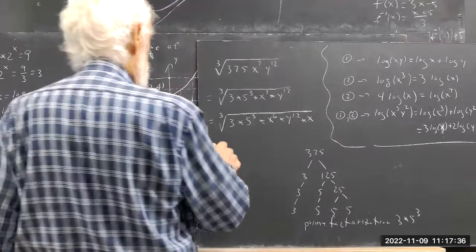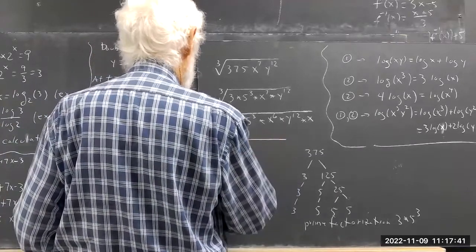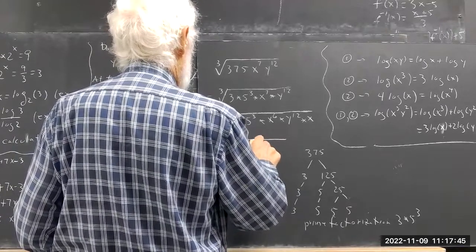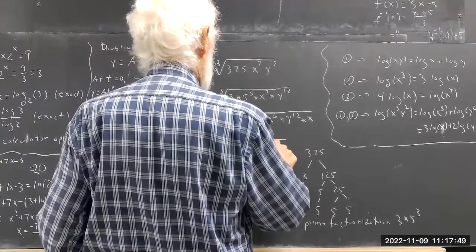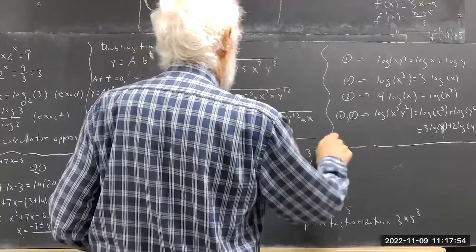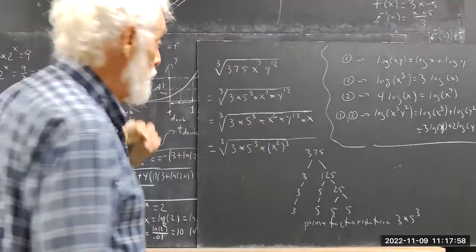Now, just to emphasize all the rules. Okay, we got the cube of 5. We've got the cube of x squared. That's what your x to the 6 is.